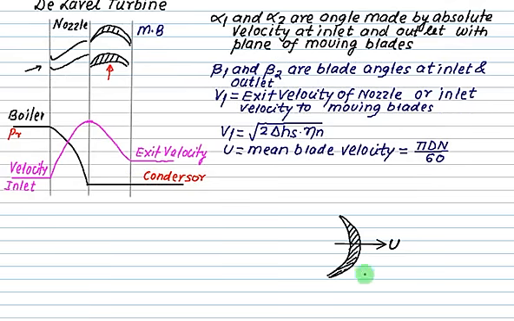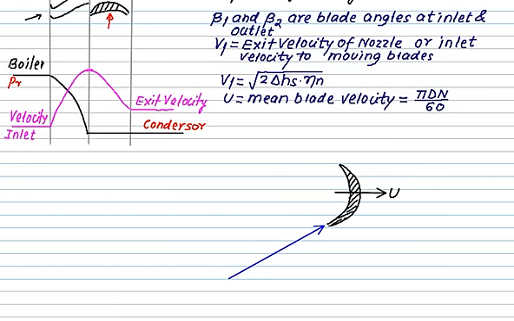So this is a cross-sectional view of a moving blade and it moves with a linear velocity equal to U. The steam will enter with a velocity equal to V1 and it makes an angle of alpha 1. So this steam velocity has two components. One is called the velocity of whirl and one is called the velocity of flow.